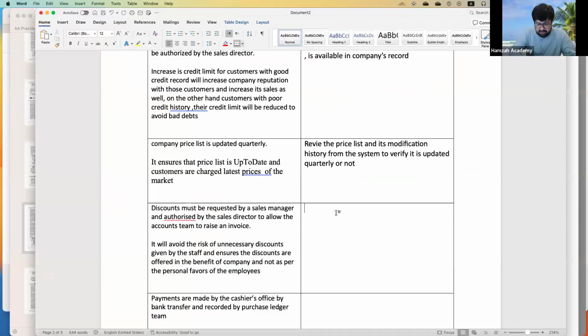So for a sample of invoices containing discounts for customers, review whether, now we don't know whether this is being requested by any online system, some email.